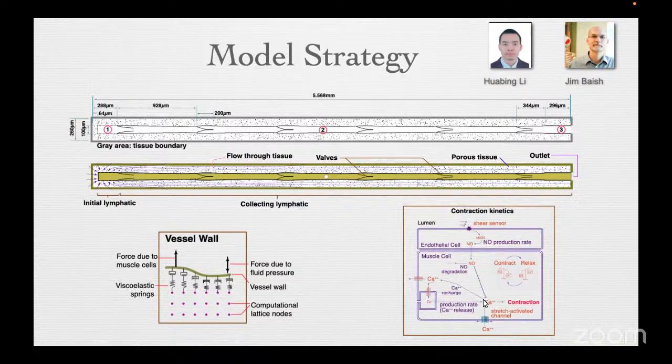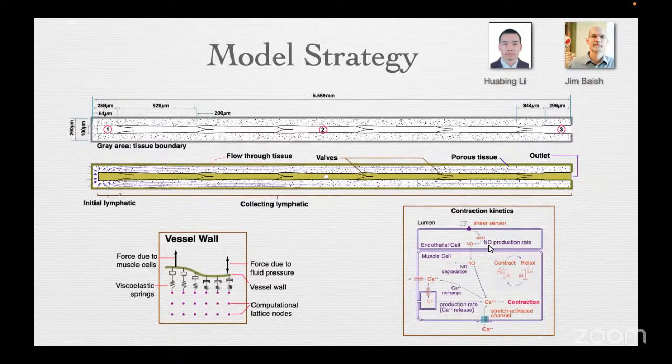So as calcium accumulates in the cytoplasm of the muscle cell, the cell contracts. That is enhanced by stretching of the vessel through the action of stretch-activated ion channels. And this can all be tempered by nitric oxide, which blocks this calcium contraction and is produced by shear stress on the endothelium.